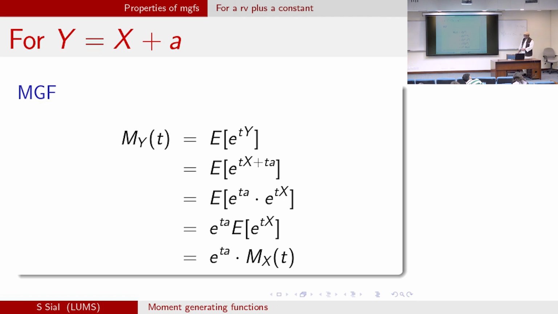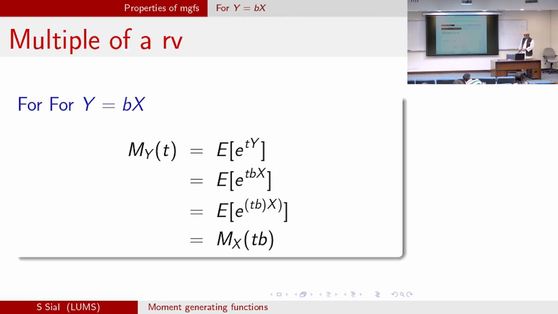So e to the ta is a constant, so you can pull e to the ta outside. And this is just the MGF for x. So the MGF for x plus a constant a is e to the ta times the MGF for x. Well, what if we have a scalar multiple?